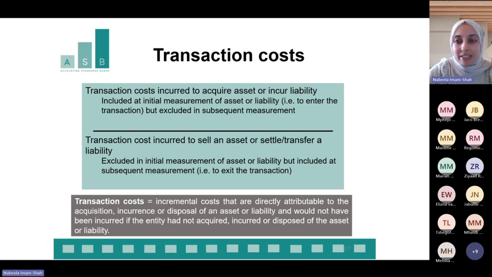So entry-based measurement bases will normally include transaction costs on the acquisition, construction, or development of an asset or the incurrence of a liability, while exit-based measurement bases normally include transaction costs on the sale of an asset or the fulfillment or transfer of a liability. Now we'll discuss entry and exit values a little bit later.